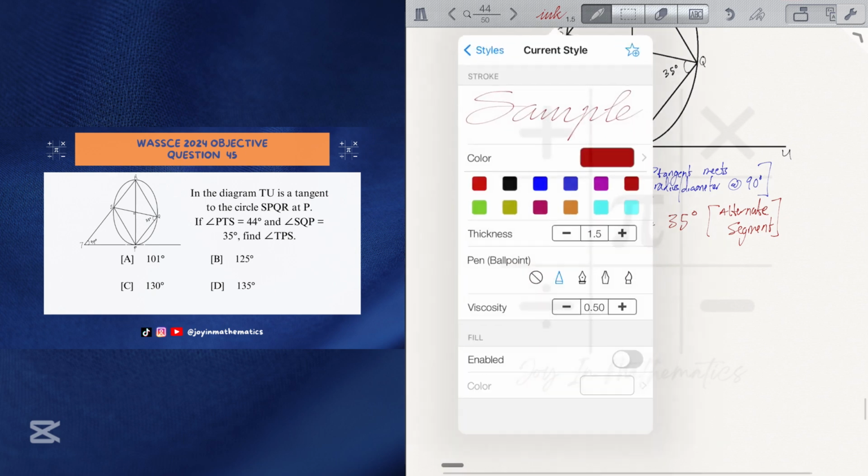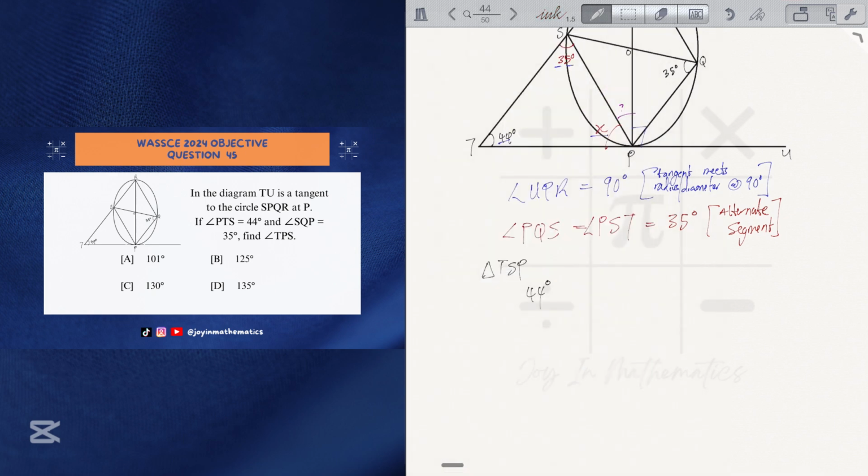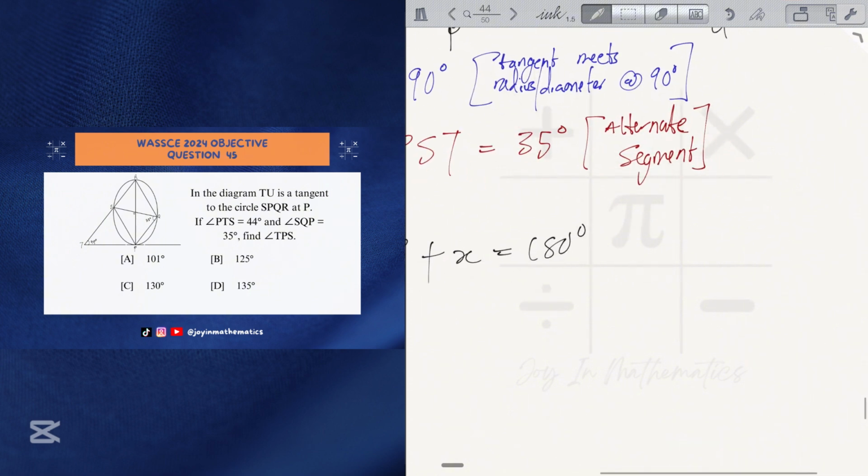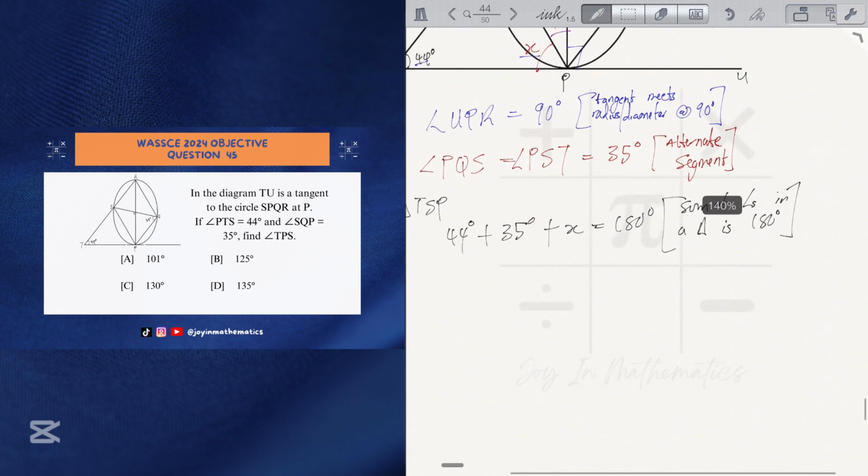Now, going back, we have 44 degrees plus 35 degrees plus X equals 180 degrees. What is the reason for this? The sum of angles in a triangle is 180 degrees.